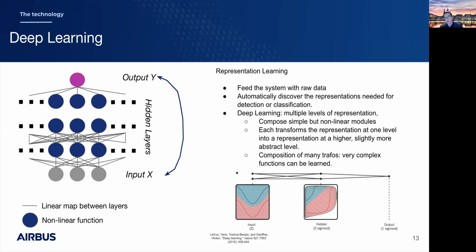What makes data special, which you would look at? So you feed the system with raw data, and you discover automatically by this training process the representations needed for detection or classification. So deep learning, which I presented, composes simple but nonlinear modules, and each transformation at one level transforms it into a representation at a higher, slightly more abstract level. And then you compose many transformations, and you can learn any function you want.